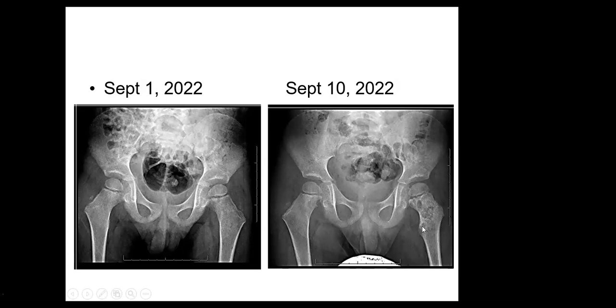Sometimes we get fixated on the affected side and then we don't pay attention to the rest of the radiograph. So make sure you look all around, check every bone and the soft tissue and everything, so your description is more thorough and more comprehensive.